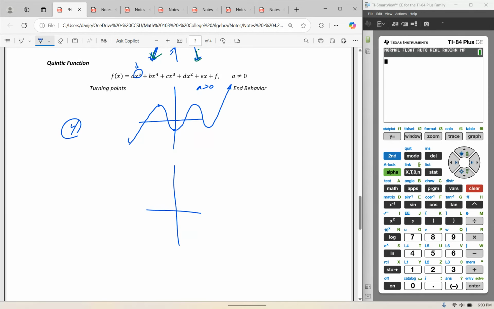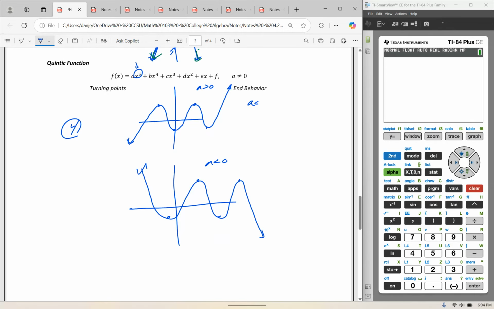Notice the end behaviors are in opposite directions. I just pointed, you probably didn't see me point. If A is negative, 1, 2, 3, 4 turning points.